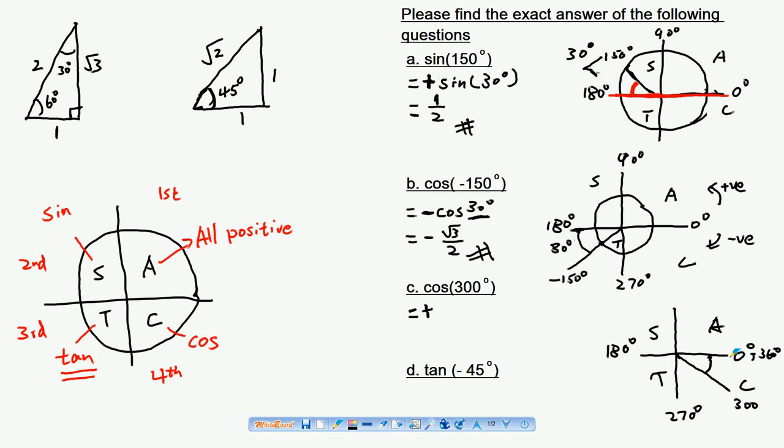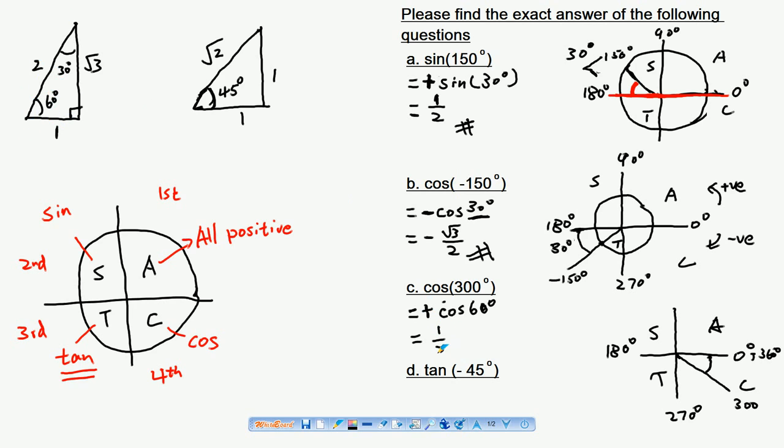the starting point is 60 degrees. So it's equal to positive cos 60 degrees. And the cos 60 degrees from the special triangle we can find is adjacent on hypotenuse, which is half.